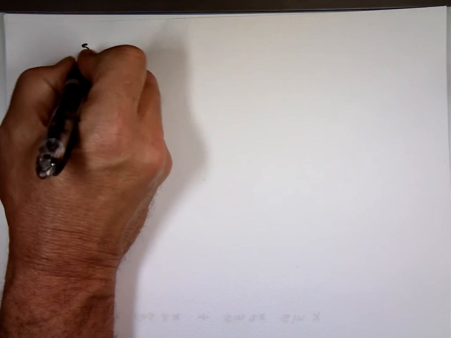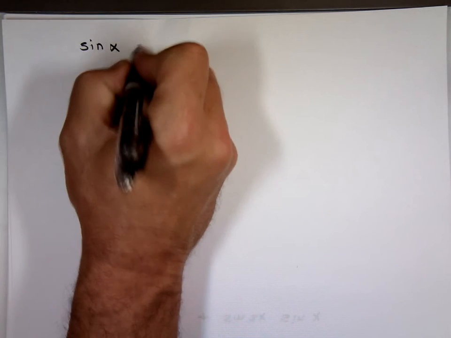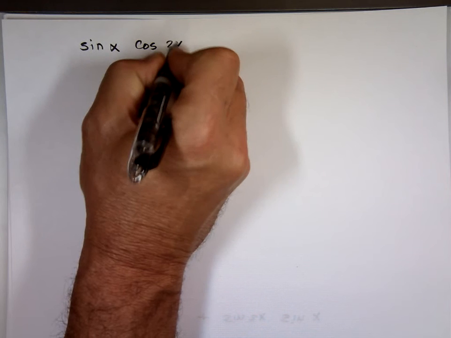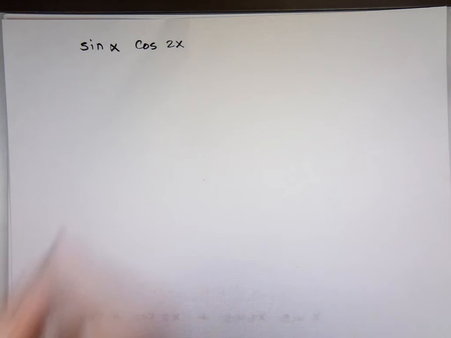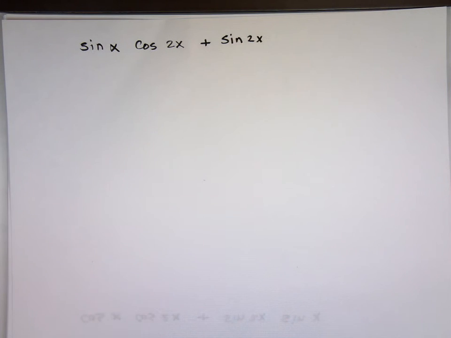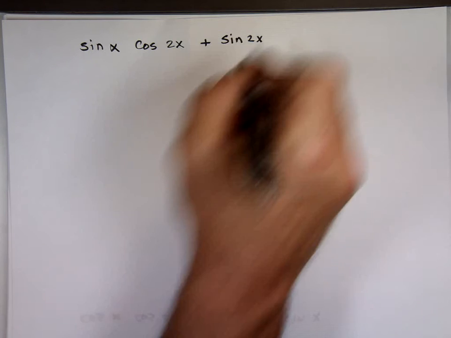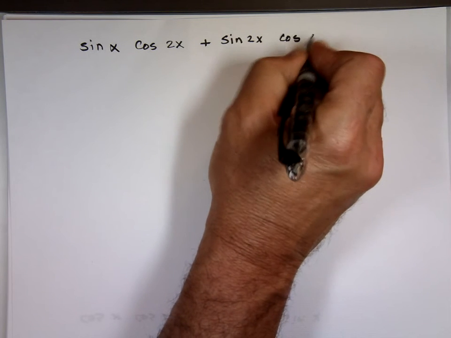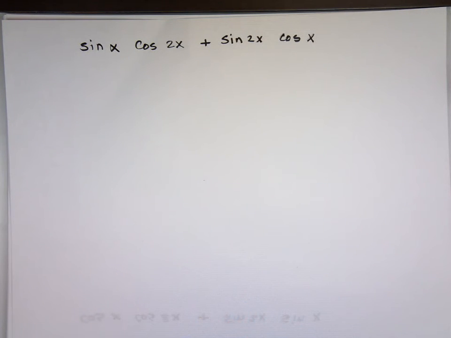Sine of x cosine 2x plus sine of 2x cosine of x. I want to simplify that. I'm going to call this piece here alpha.